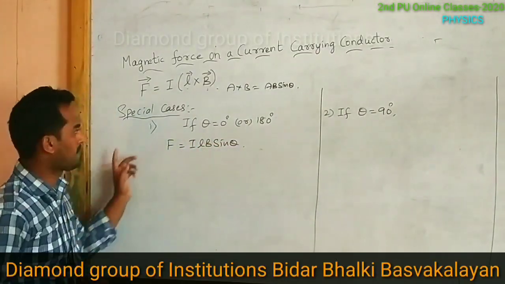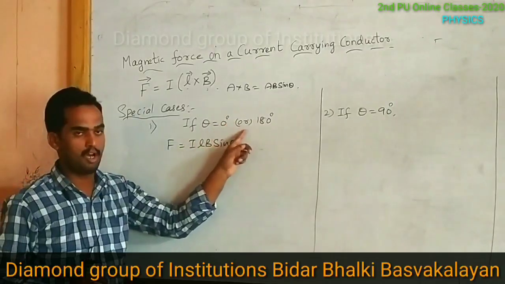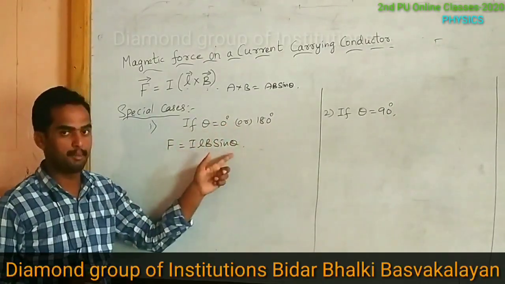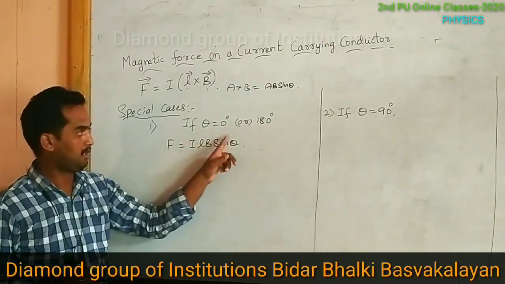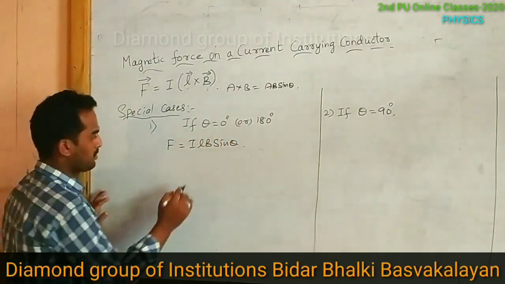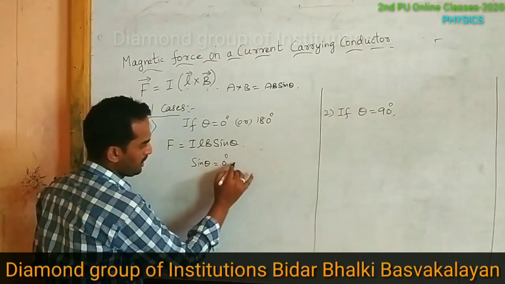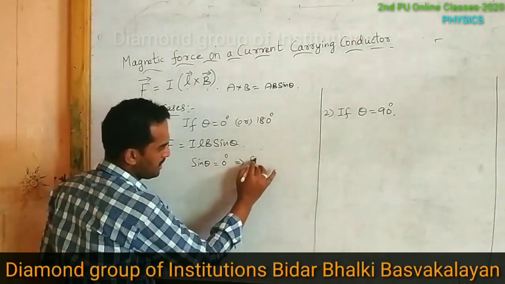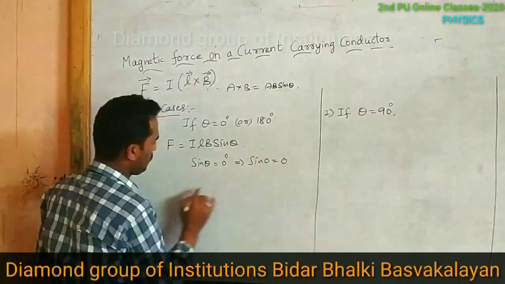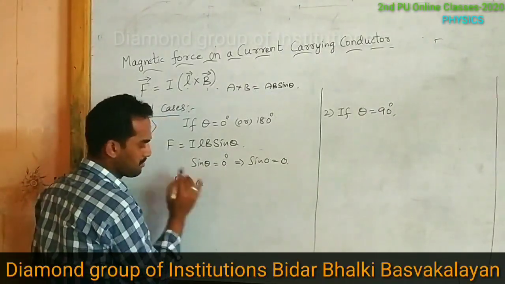So what is the first case? If theta equal to 0 or 180 degrees, that is, the angle between the two is 0 or 180 degrees, then sin theta equals 0, because sin 0 is nothing but 0. So the answer becomes 0.